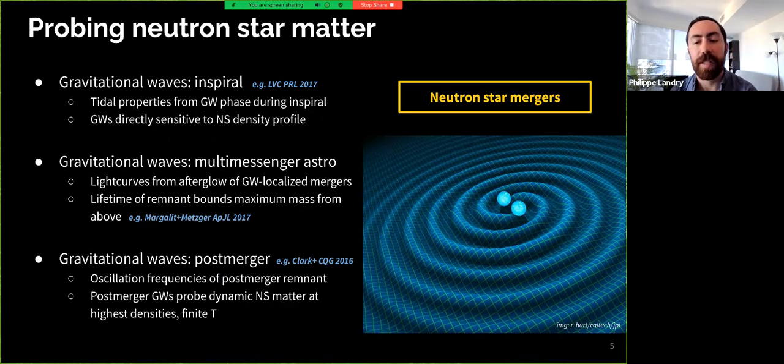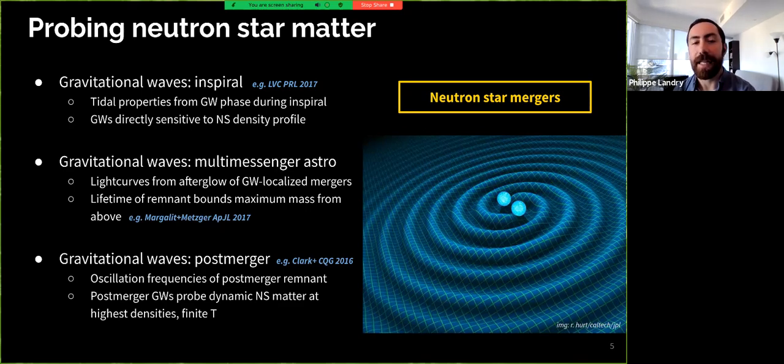So in terms of specific matter signatures from these neutron star mergers that inform our understanding of dense matter, during the inspiral stage when the neutron stars are still well separated, tidal forces deform the neutron stars, and those deformations end up leaving an imprint on the phase evolution of the gravitational waveform, which we can measure.